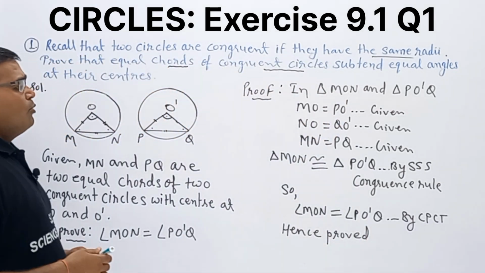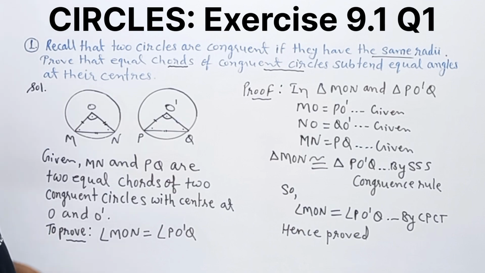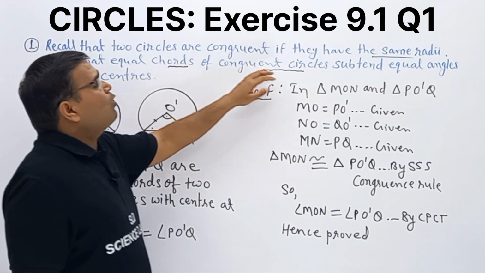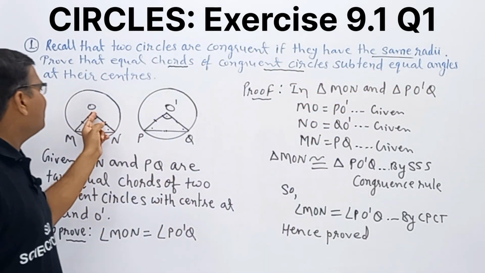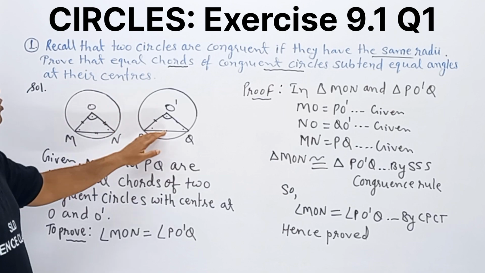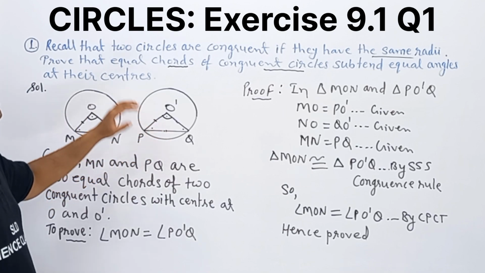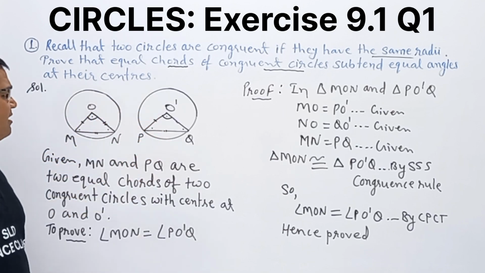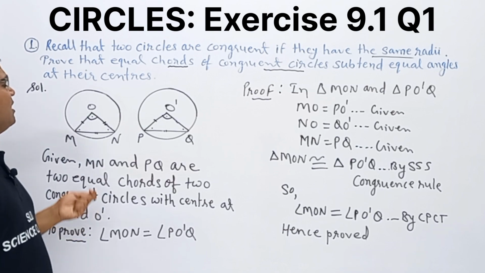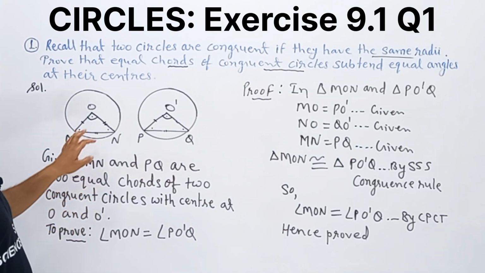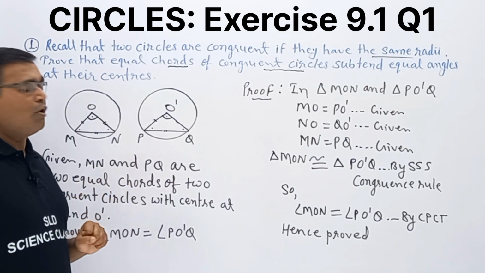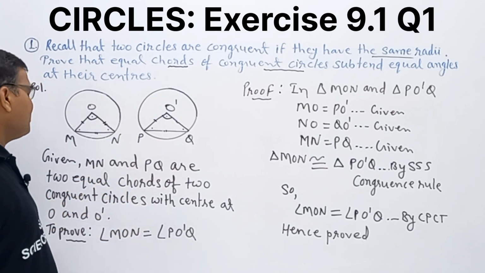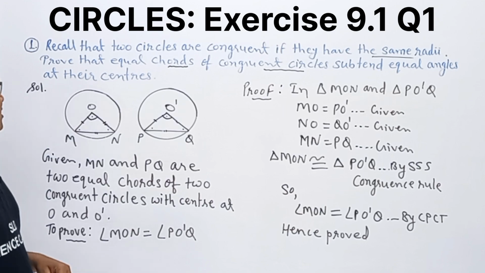Clear? Observe again what we did in this question. We want to prove that equal chords of congruent circles subtend equal angles at their center. In the question, MN and PQ are two equal chords of two congruent circles with centers O and O dash.